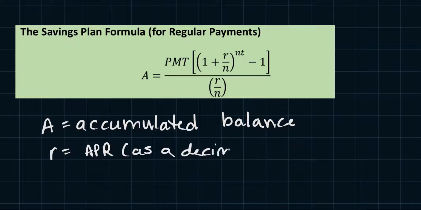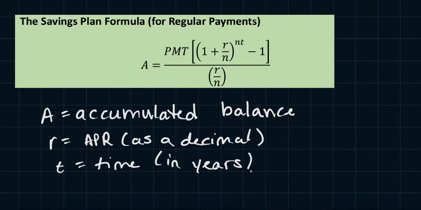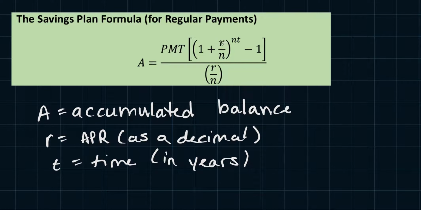So we're going to give you a rate, you just have to convert it from a percentage to a decimal. Okay, T is going to be time in years. So those are the things that are going to be normal here. The new things are PMT, which is your monthly payment.